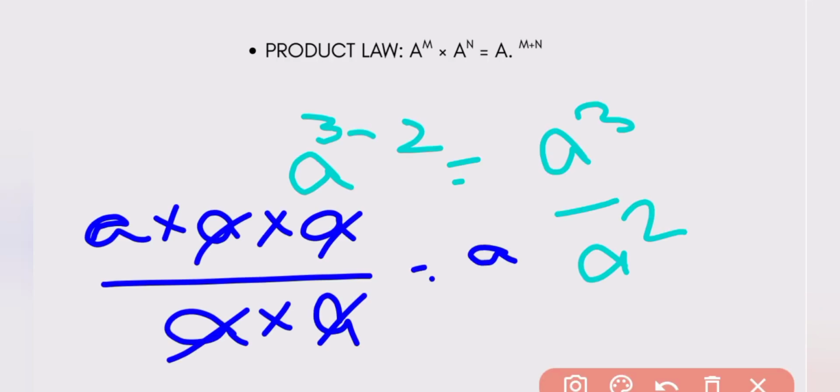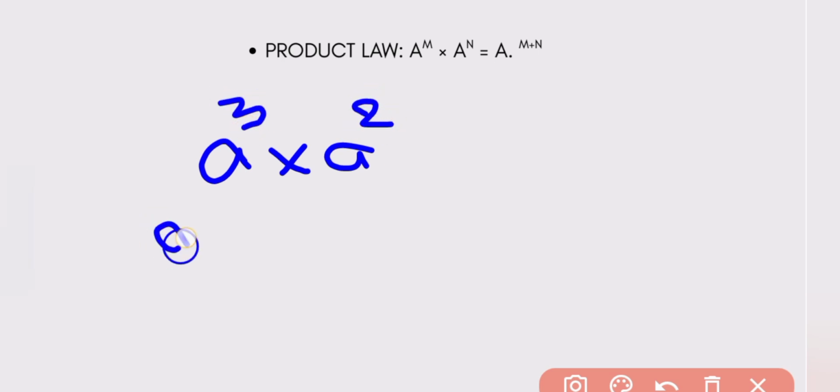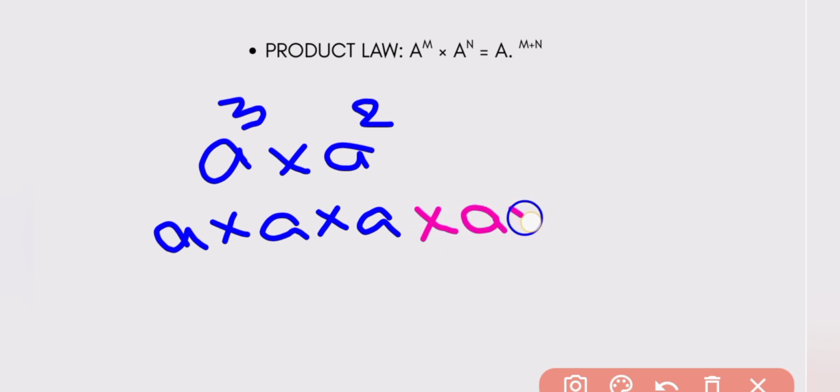Our next law is the product law, which says that if numbers are being multiplied and the bases are the same, then the powers will be added. Let us see how. If any number is a, which is multiplied by a, and the first a has the power of 3 and the other has the power of 2, then we can write it as a into a into a into a into a.